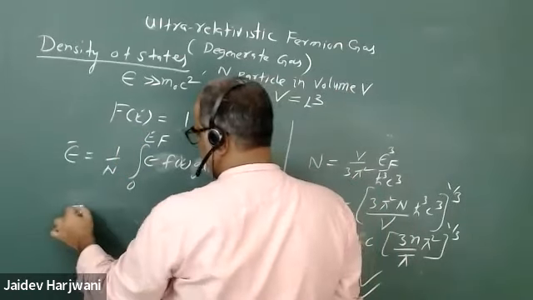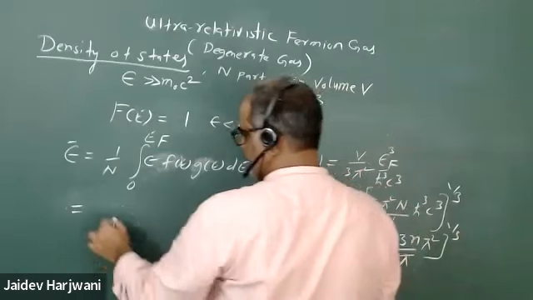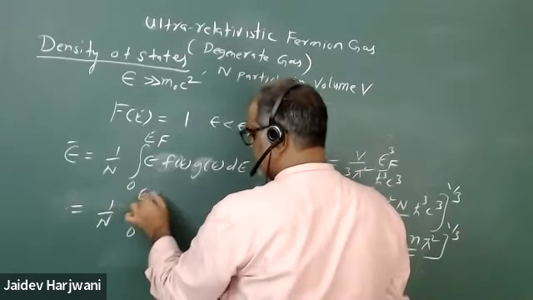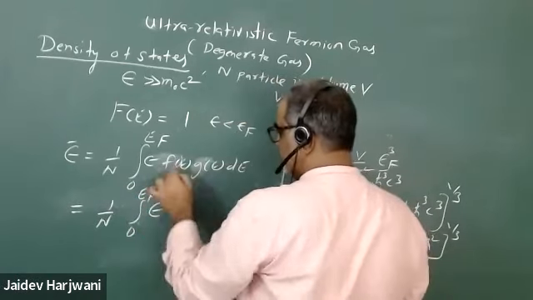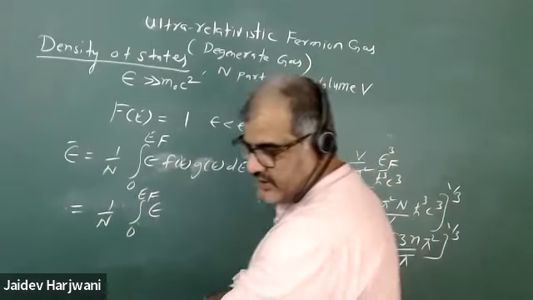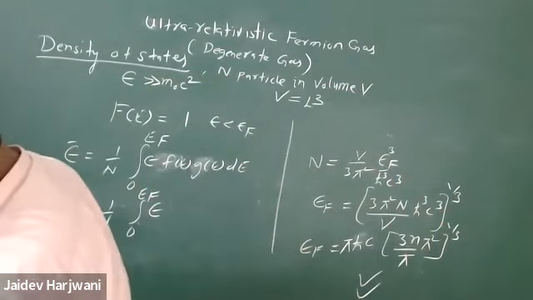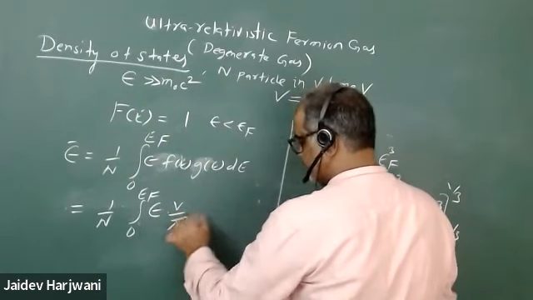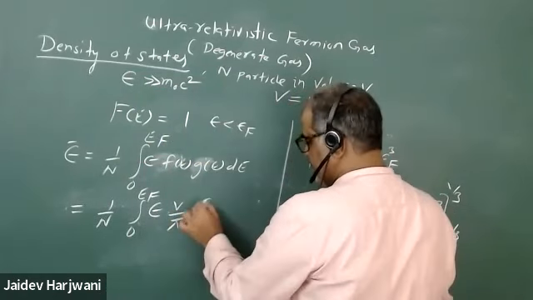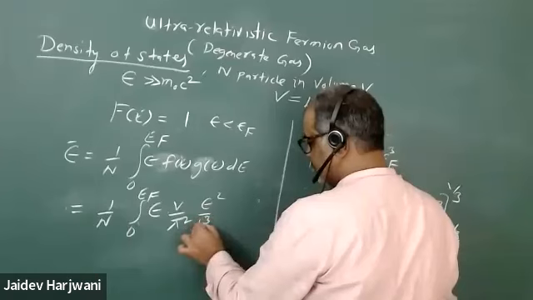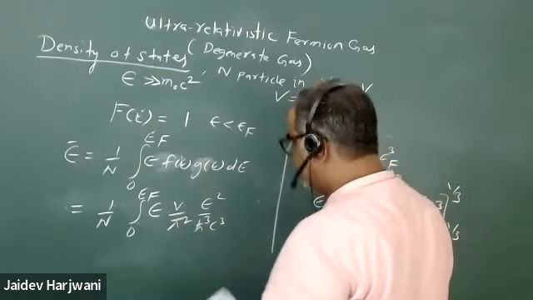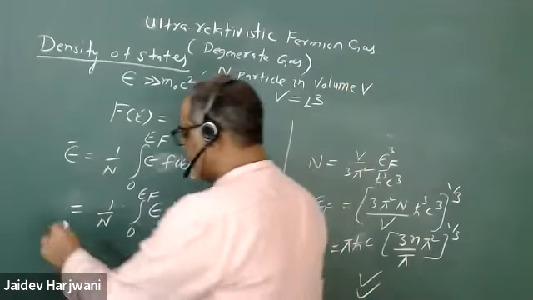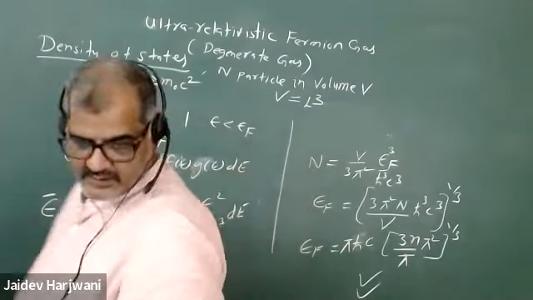For Fe I am putting 1, and G(E) I have just calculated, V upon pi square, E square upon h cut cube c cube. So I can put this here. Now just integrate that one, that will give you the energy.